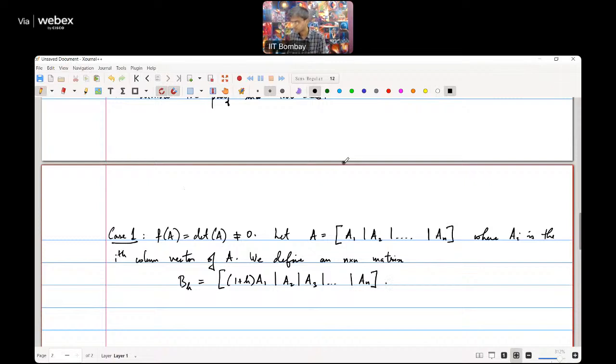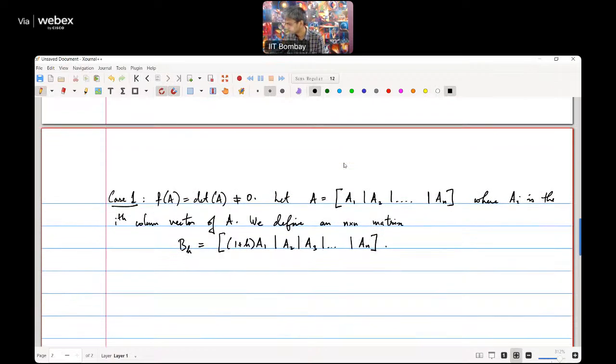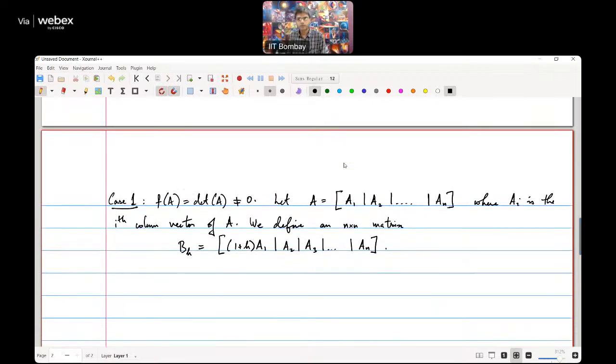Okay. So let us see what is the determinant of B sub H. So note that the first column, we can write it as the sum of these two columns.